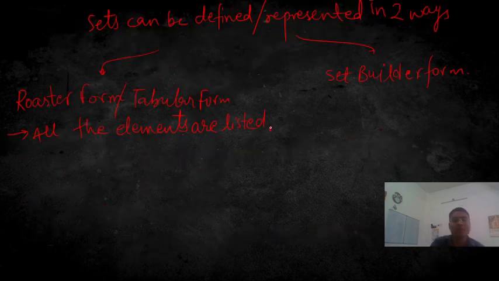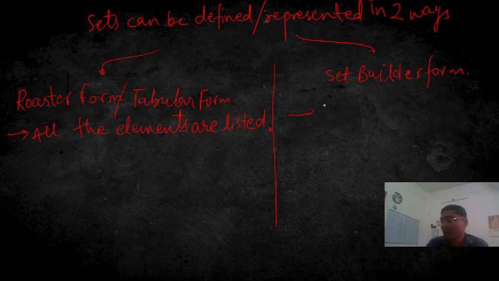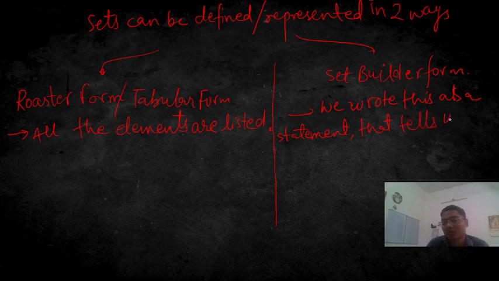But in set builder form, all the elements of the set possess a single common property. We write it as a statement that tells us about the property common to all elements.